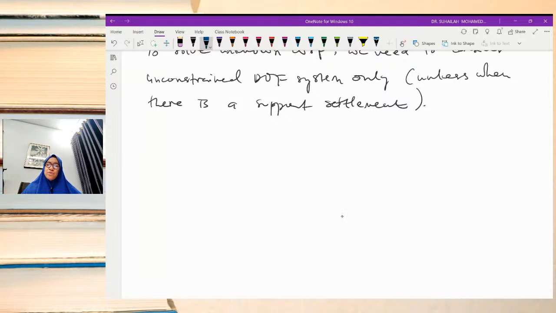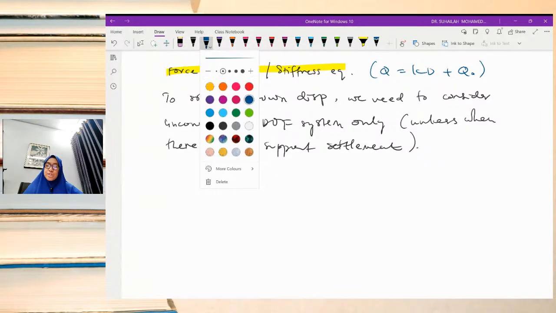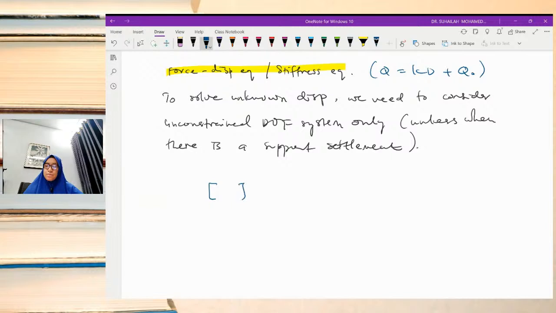Okay, actually to solve this, we just need to consider one equation because there is one unknown. That means we will produce Q is equal to K, this is EI, this is D1, plus Q naught.